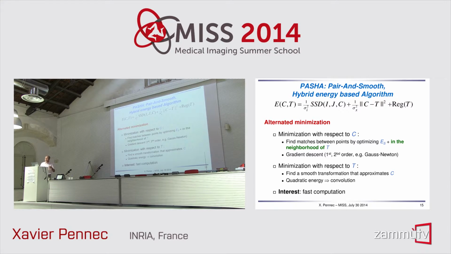We can use gradient descent, well, the first order gradient descent, which is not very efficient. We can go to Gauss-Newton or pseudo-Newton optimization methods, and that is one of the second keys to explain the Demons algorithm. Now, the second part will be the optimization with respect to the second variable, the transformation, and we can see that we have to solve this criterion here.